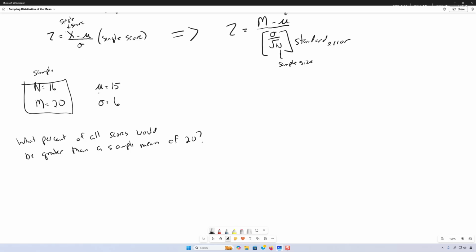So based on this population here with a mean of 15 and a standard deviation of 6, what percent of all scores would be greater than a sample mean of 20?